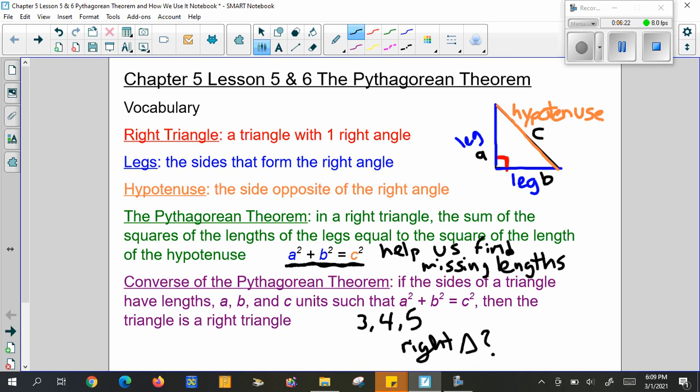This equation of a squared plus b squared equals c squared will be the basis of what we do in each question, where we're going to take measurements, place them into the equation to help us find a missing measurement.